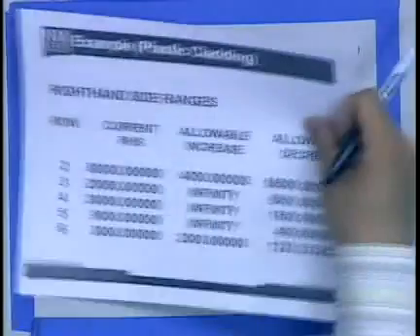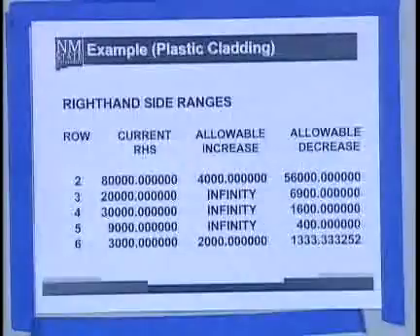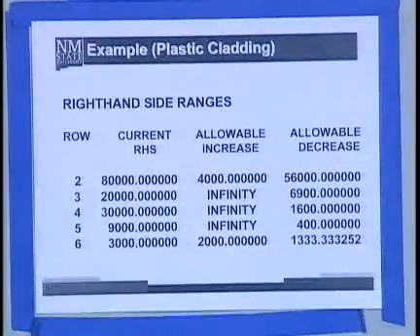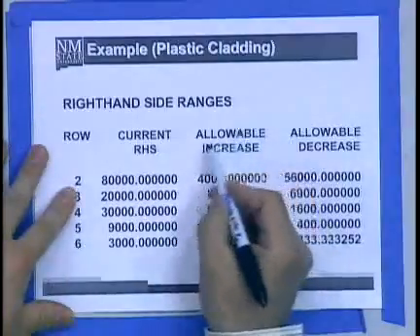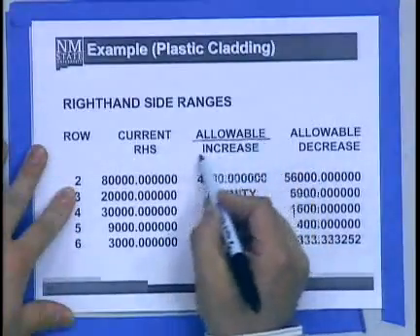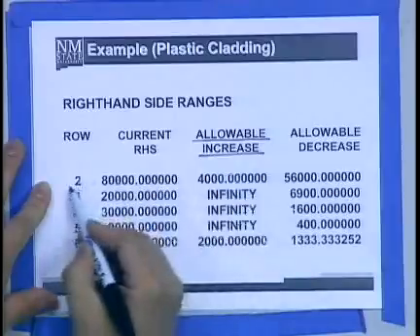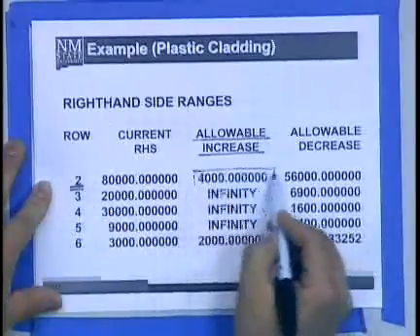However, this dual price remains valid within the allowable right-hand side ranges, right? In our example, the allowable increase limit for row number 2 is 4,000.